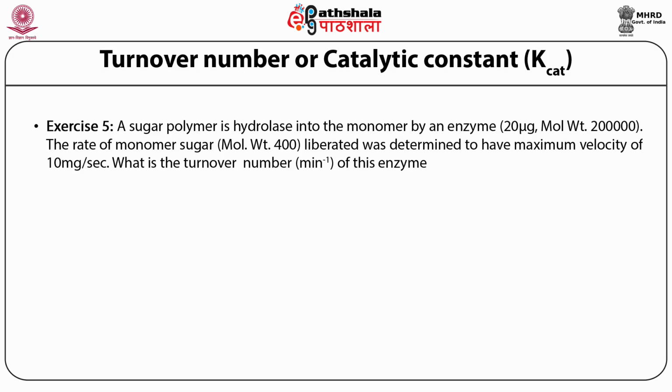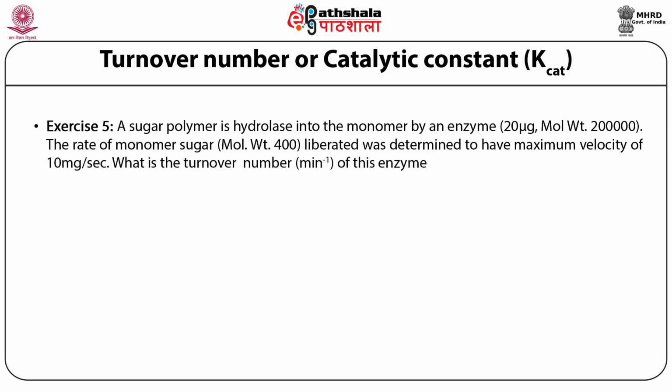The rate of monomer sugar formation, where we also don't know the concentration of sugar but we know the molecular weight, was determined to have a maximum velocity of 10 mg per second. That means sugar converted into the product has a velocity of 10 mg per second, and the enzyme is 20 microgram.